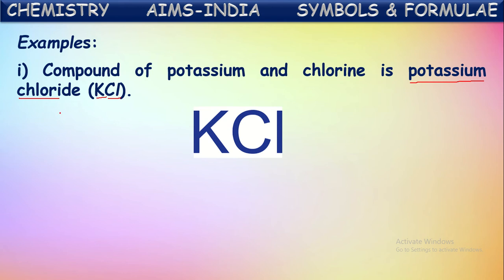Now at the end of the non-metallic element's name ide is attached by eliminating one or two letters from the chlorine name. See here, actually in the name chlorine, the ine is removed and ide is attached. Now it became potassium chloride.